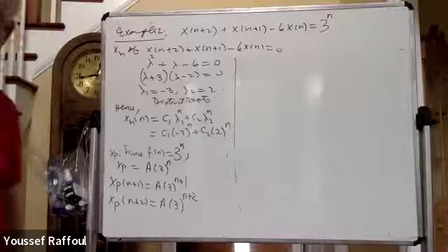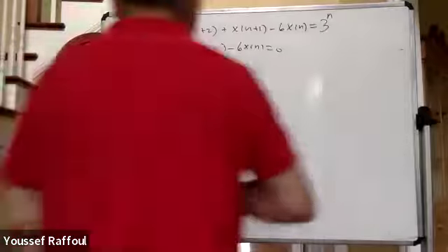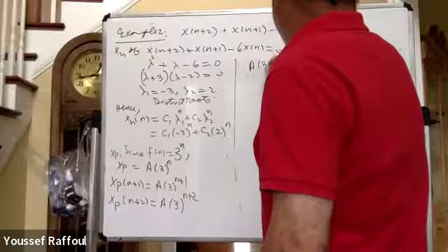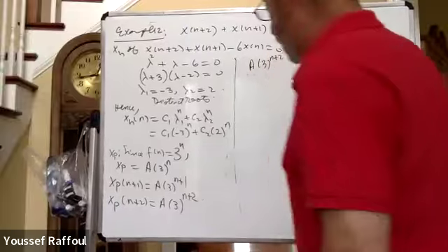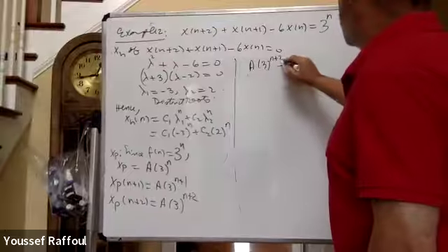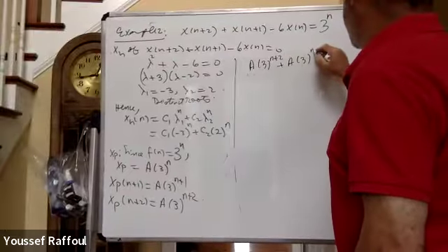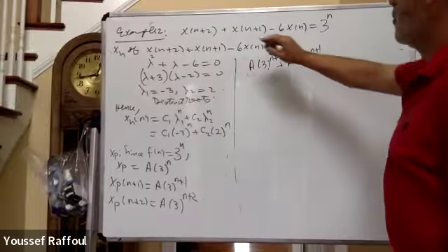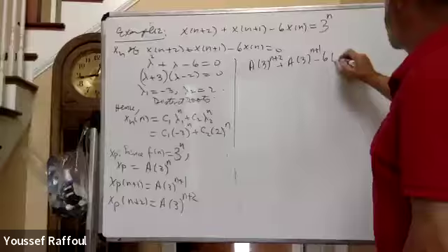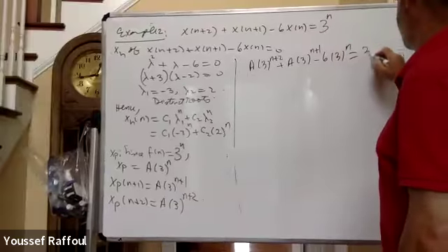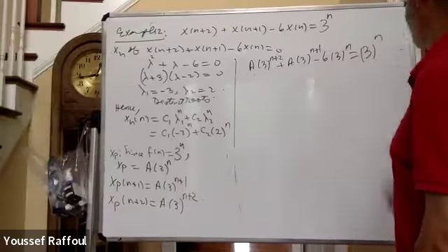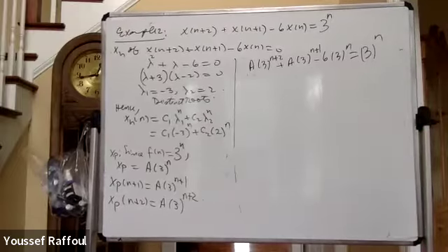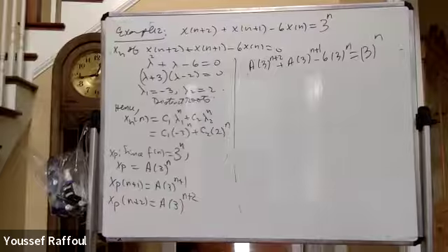All right, there I am. So we're going to have a times 3 to the power n plus 2, plus a times 3 to the power n plus 1, minus 6 times 3 to the power n, and that equals 3 to the power n from the right-hand side. I'm going to factor.